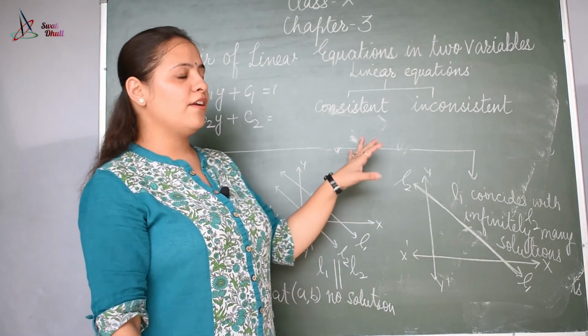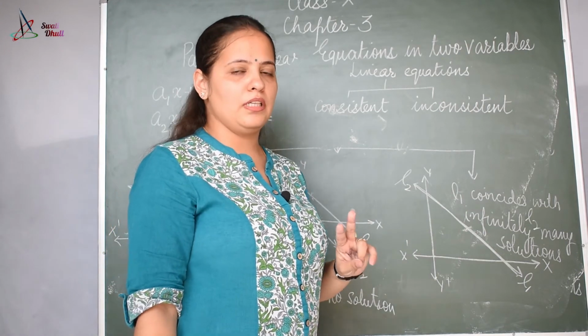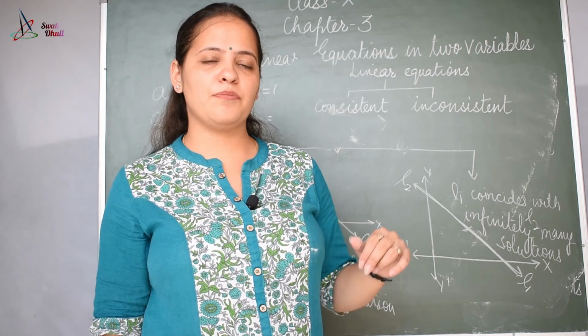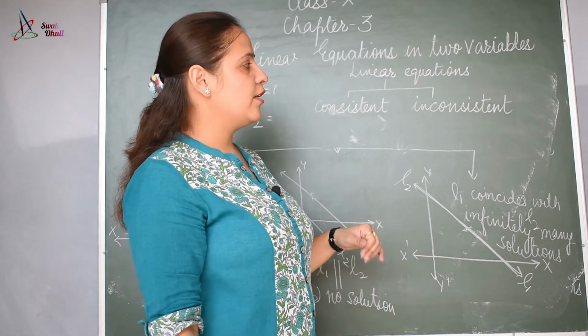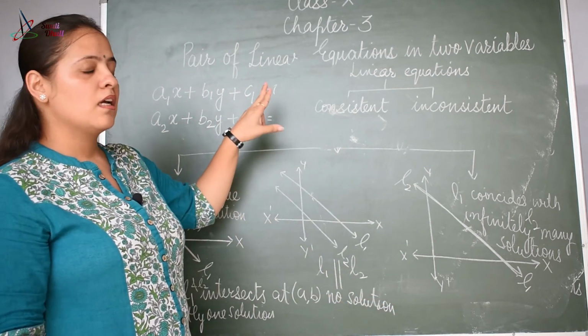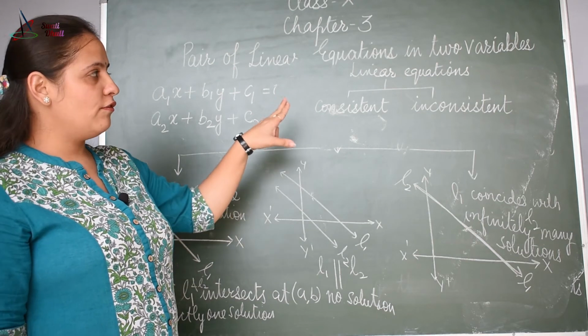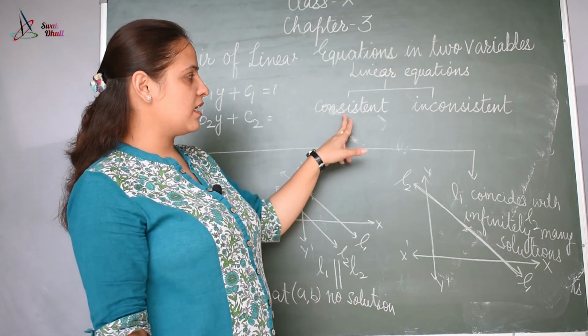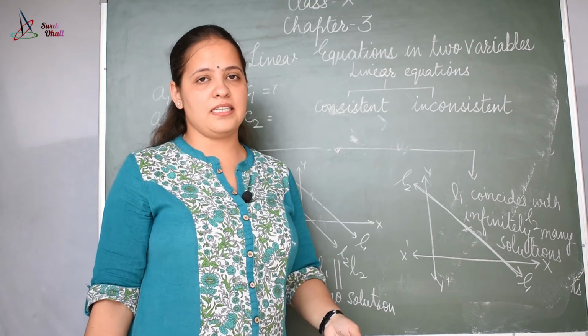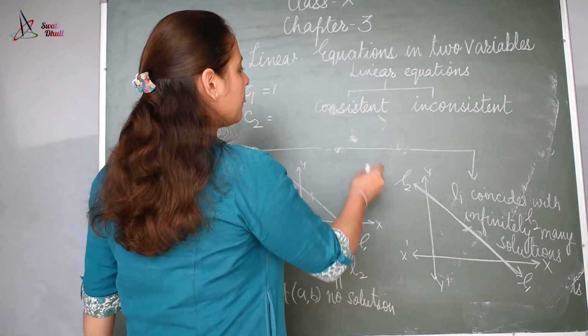That means if you are given a pair of linear equations in two variables, and you are asked whether they are consistent or inconsistent, how can you find out?